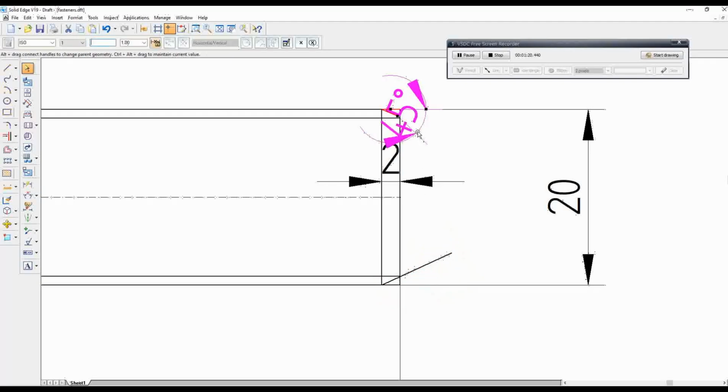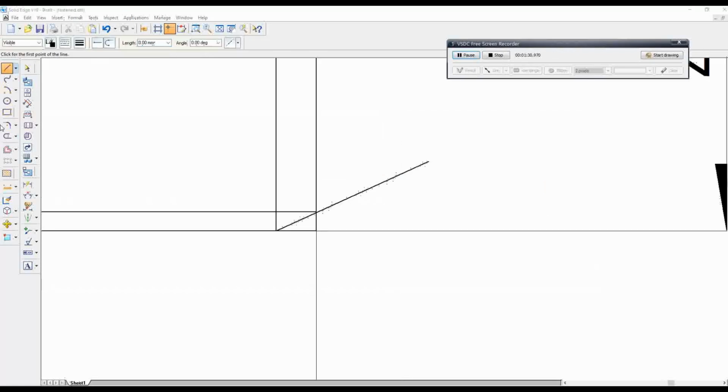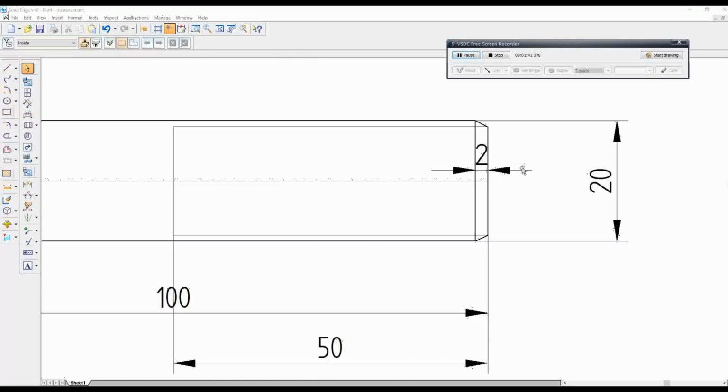Yeah. So I'm going to extend this line. So trim the unwanted lines. I'm going to trim the extra portions. Now the extra portion is trimmed out.